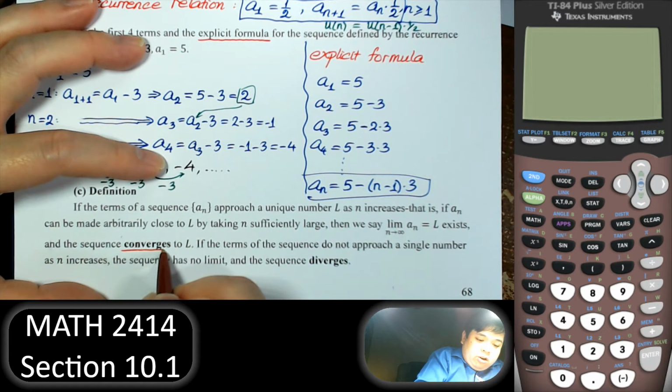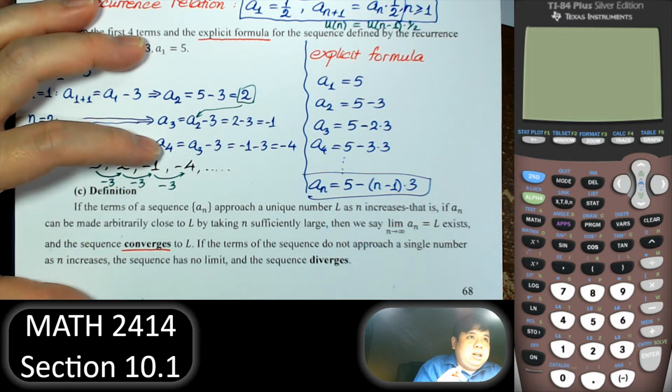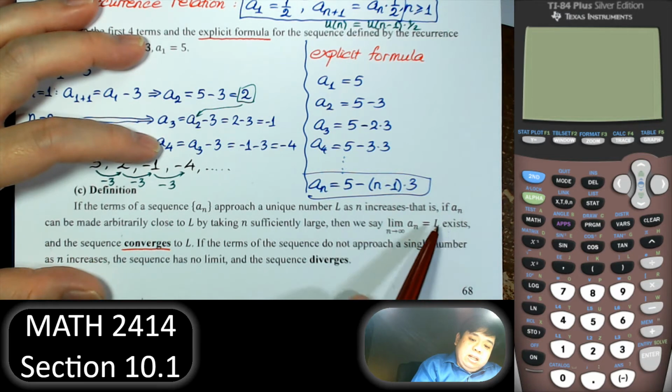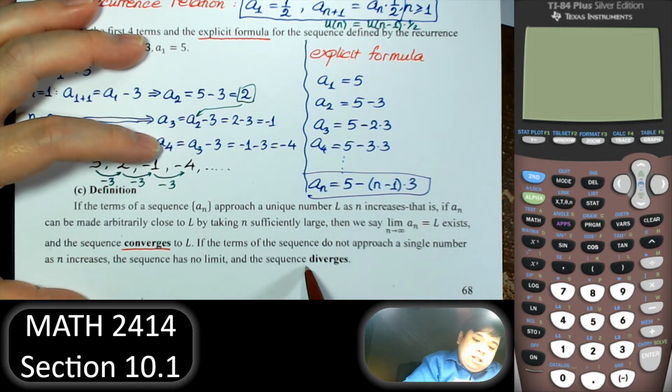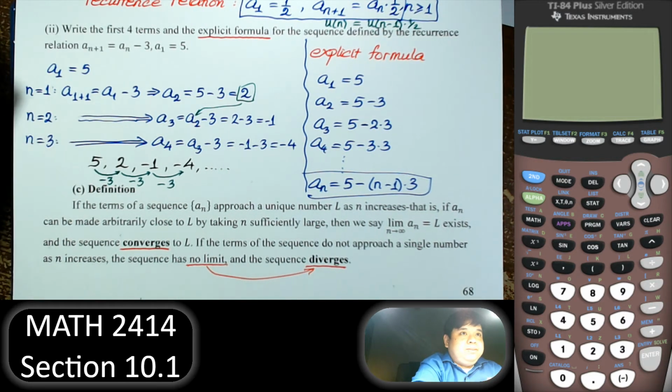So this is convergence, and this is exactly the definition of the limit. If the limit does not exist, that is, it diverges, where there is no limit, it will be divergent.